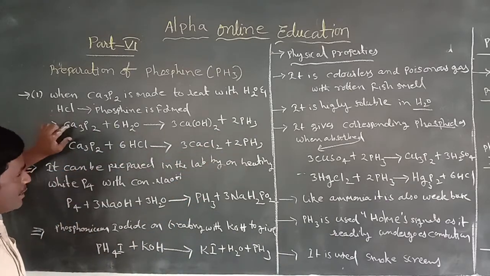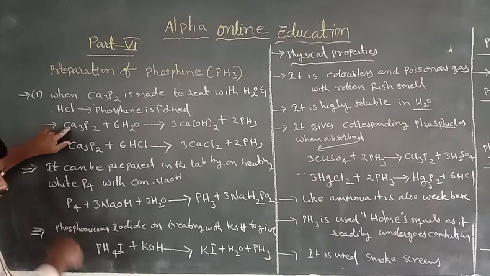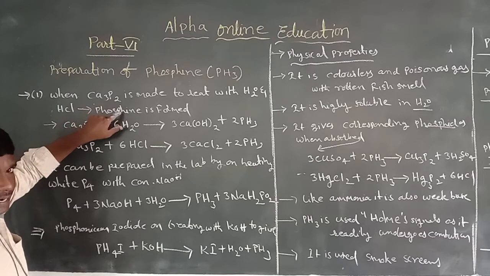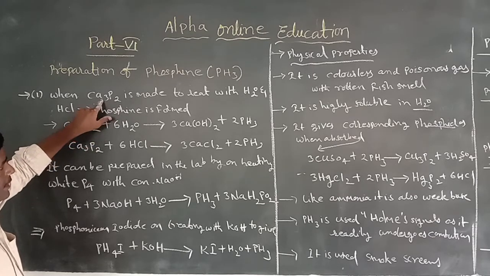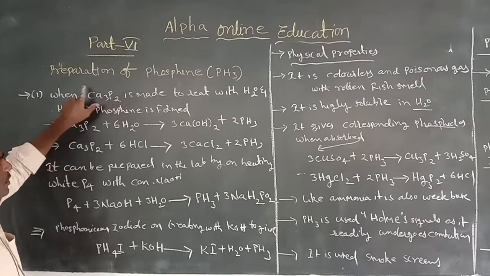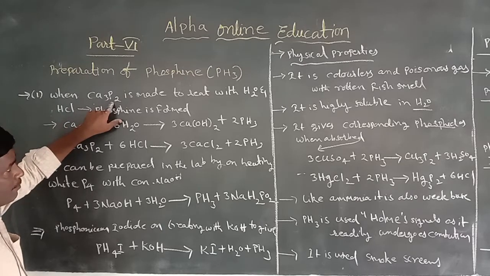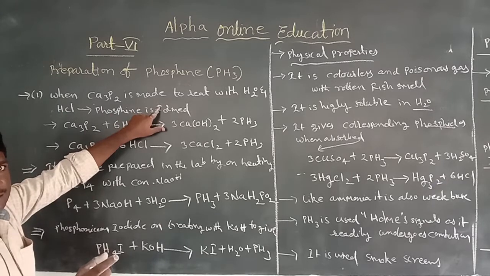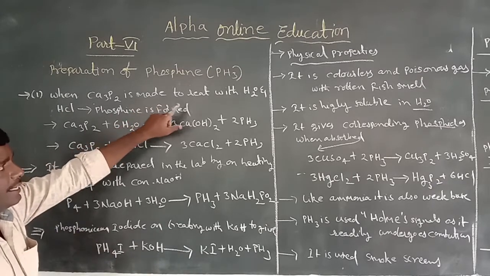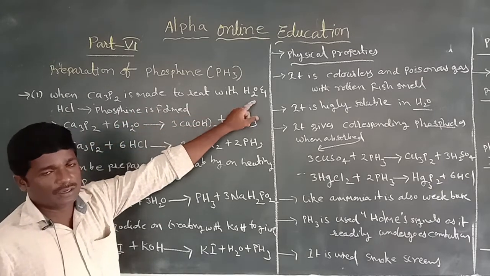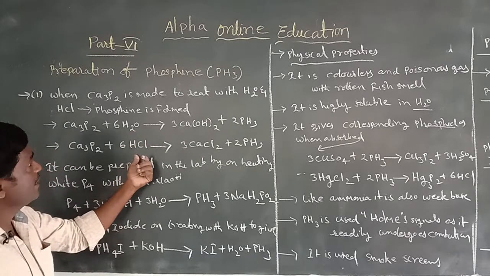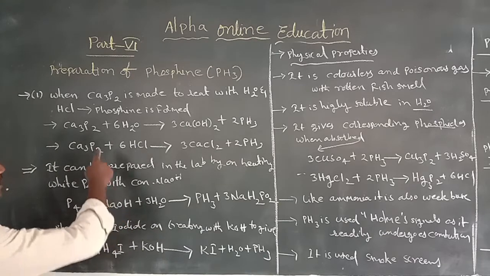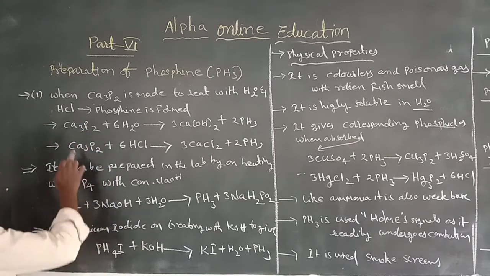This is the first preparation of phosphine. When calcium phosphide, Ca3P2, is made to react or dissolve with the water molecule or hydrochloric acid, phosphine is formed.